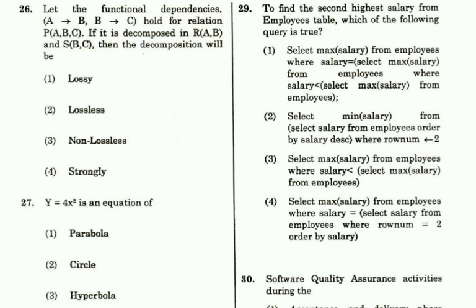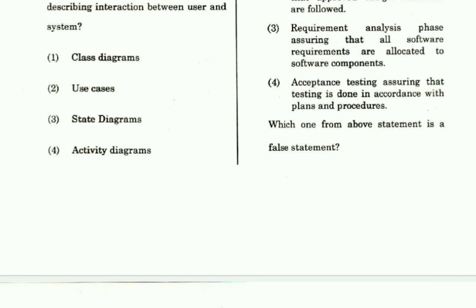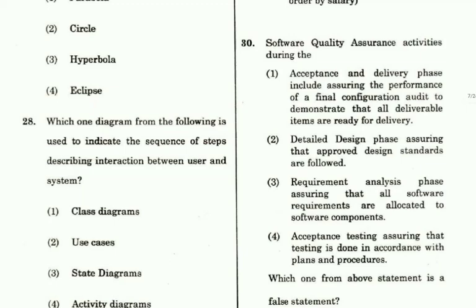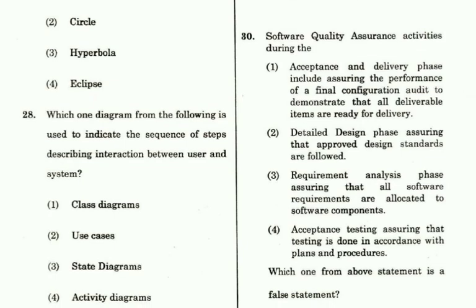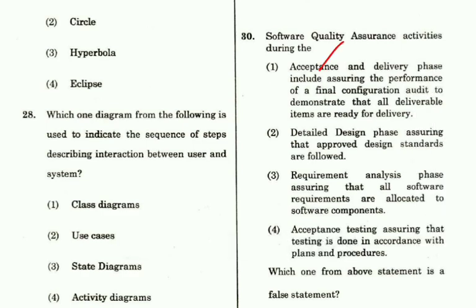Next one. Software quality assurance activities during the. So from the given options, we have to state which one of the statements is false. Okay. So here the acceptance phase ensures final product readiness. Right. So it ensures the final product readiness. Whereas the detailed design phase follows the approved standards.